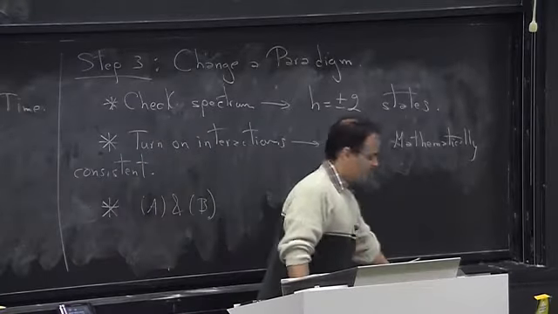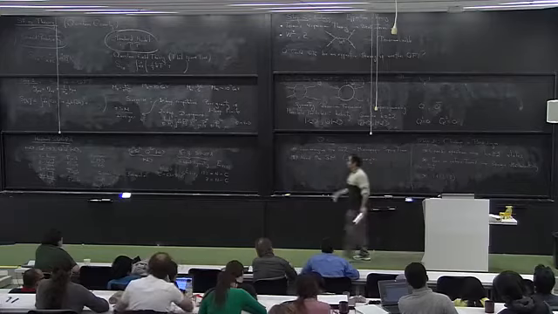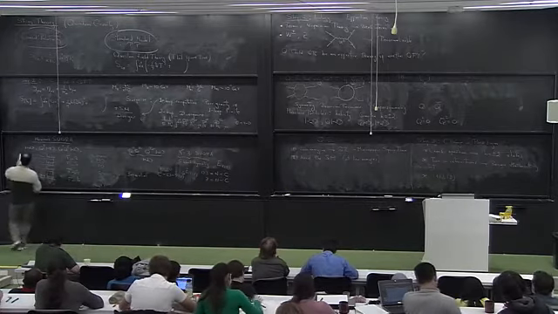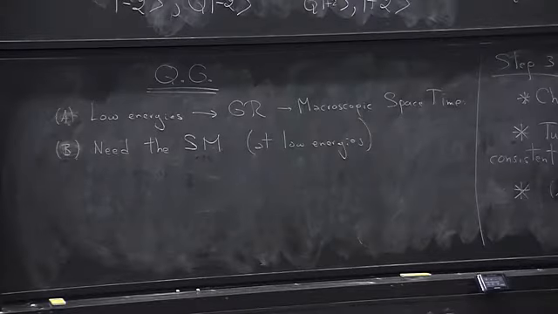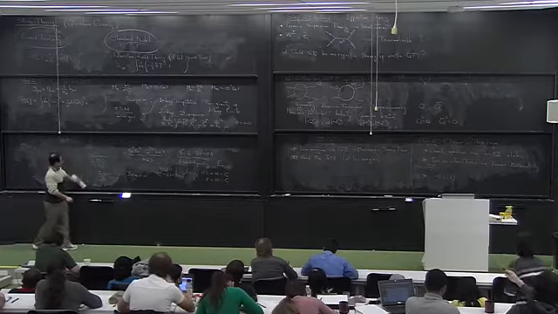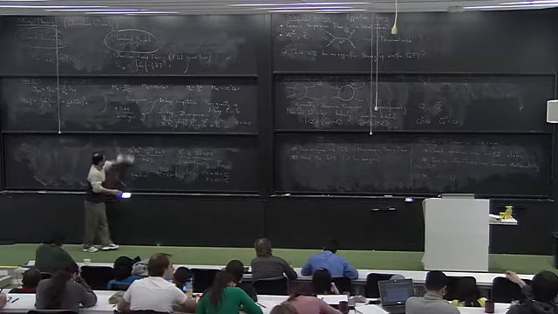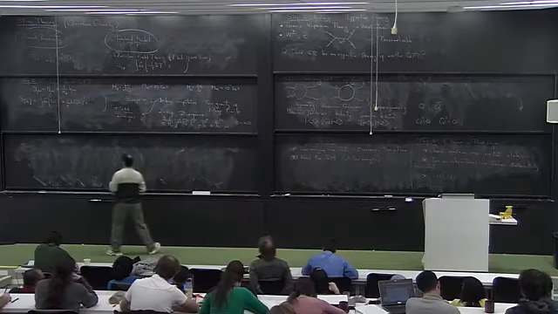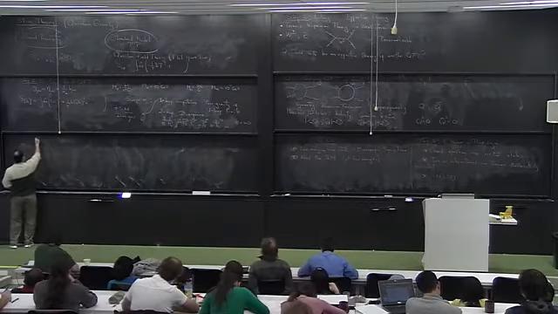Now the big question is, well, we're here to talk about string theory. So I told you, we're in the mood now of changing a paradigm. So we're back to string theory.